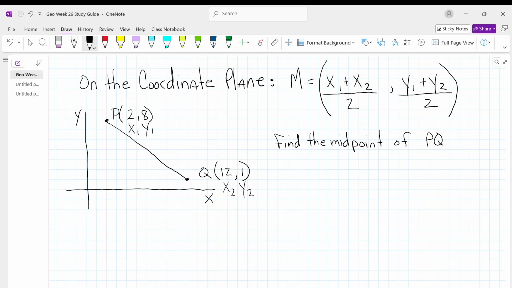So now we take those values and we plug them into the midpoint formula. So our midpoint is going to be at X plus X. So we've got a 2 plus a 12 that we're going to divide by 2. And then we're going to take our y sub 1 plus our y sub 2, which is 8 plus 1, and we're going to divide that by 2.